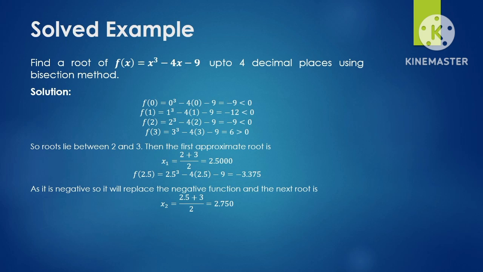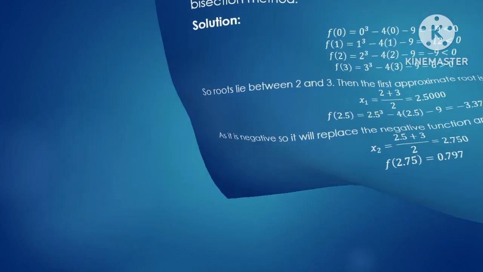Before going to find the next approximate root, we find the value of the function at x2. It is equal to 0.797. It's a positive value, so we will replace the number at which the value of the function was positive.